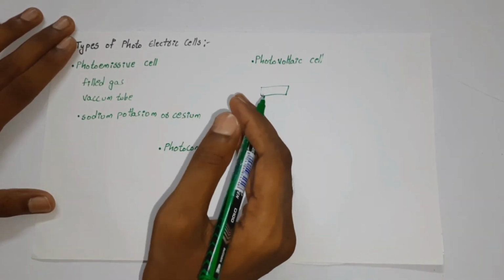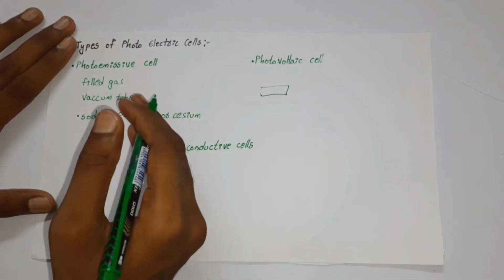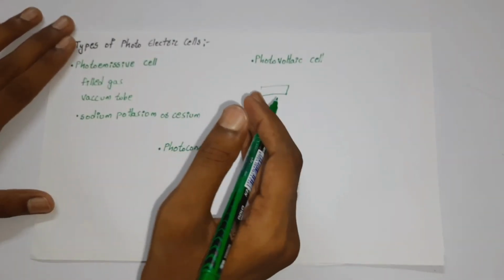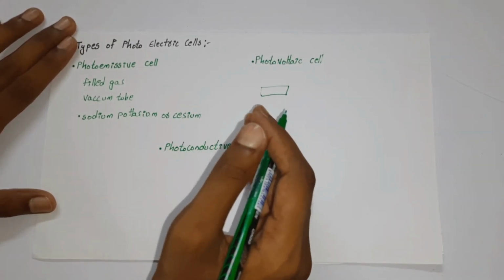So when the photons of the light of the sun strike the semiconducting material, like we saw in the emissive cell, here also silicon is used, and it releases the electrons from its atoms.